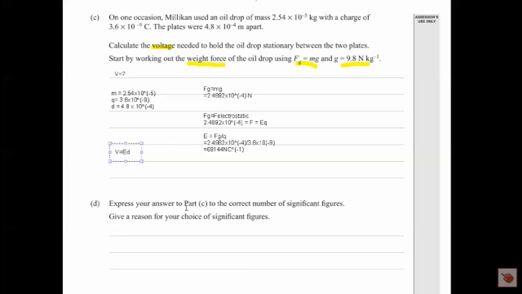So now we're looking at simply applying this equation, plugging in our data. So if voltage equals ED, E we found was 69,144.